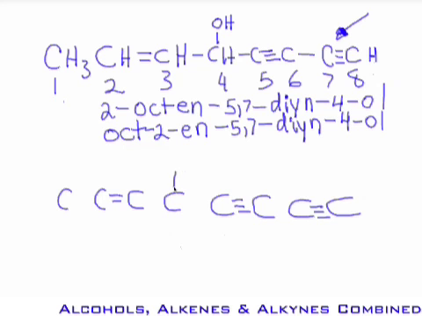Once I put my OH in, I now put in the appropriate hydrogens. This C has only one bond, so it's a CH3. This C has an H. This C has an H. This C has one H. C's with a triple bond, there's 4 bonds. There, bang. Done. That's how easy it is to draw these molecules once given the name.